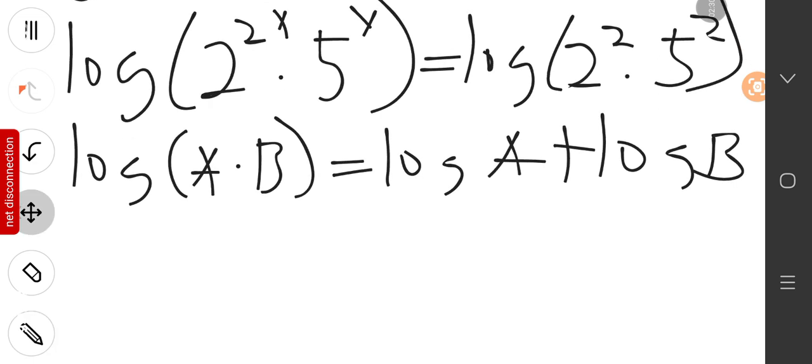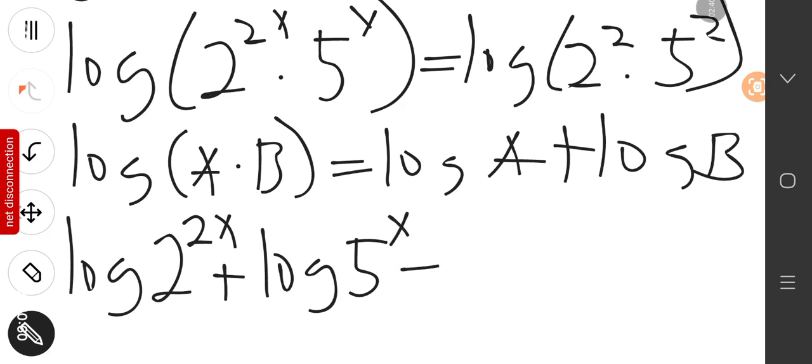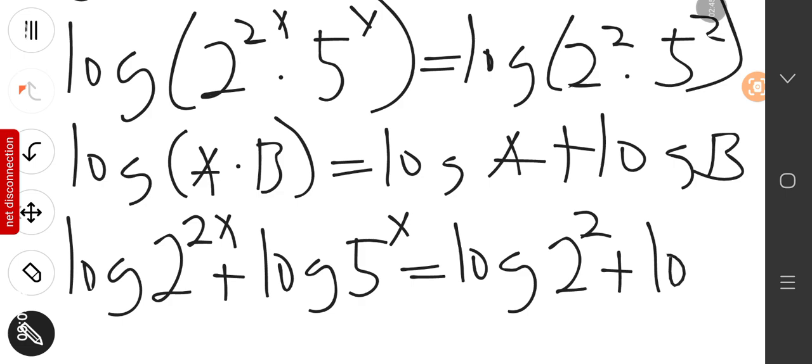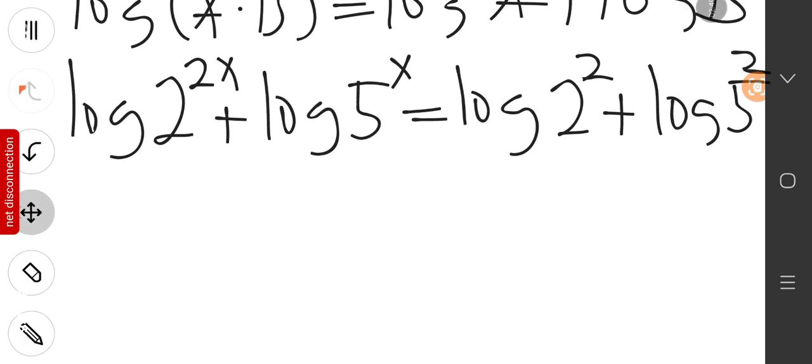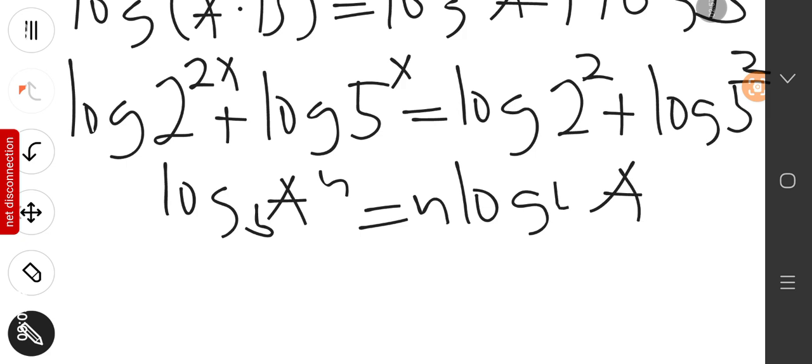So our equation becomes log 2^(2x) plus log 5^x equals log 2 squared plus log 5 squared.